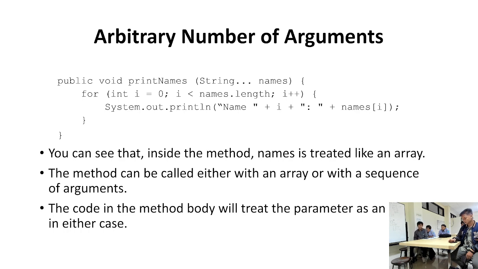You can see that inside the method, names is treated like an array. The method can be called either with an array or with a sequence of arguments. The code in the method body will treat the parameter as an array in either case.